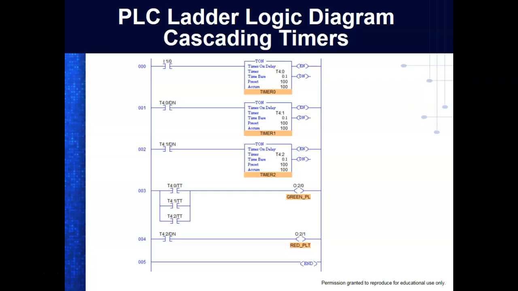As soon as I switch 1-0, as soon as I make that false, that's going to reset timer 0, which is going to reset timer 1, which is going to reset timer 2. You understand that?